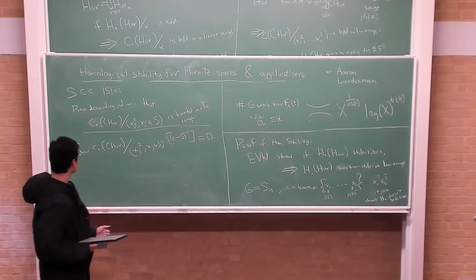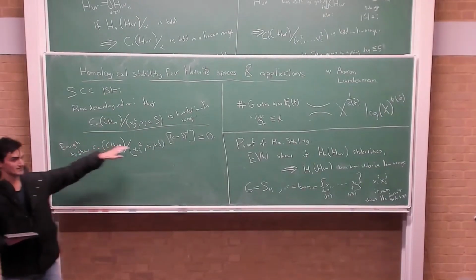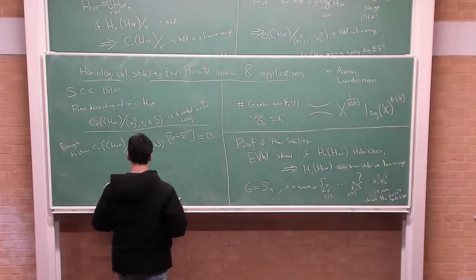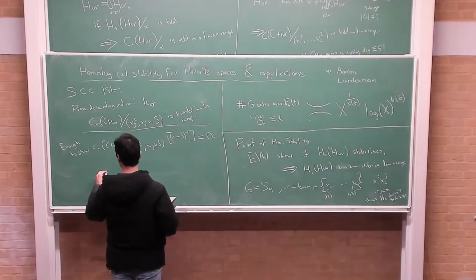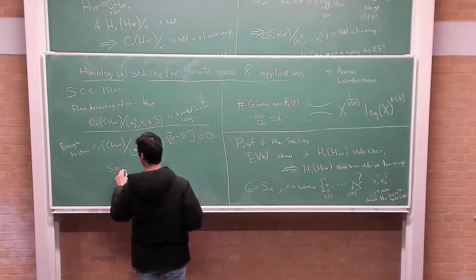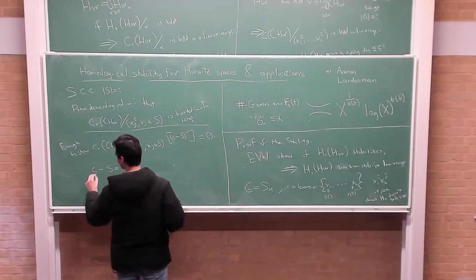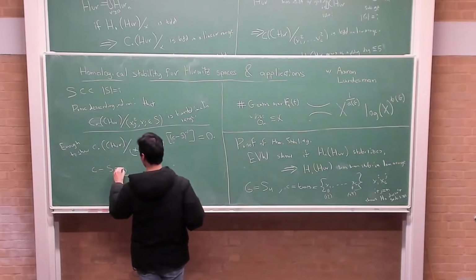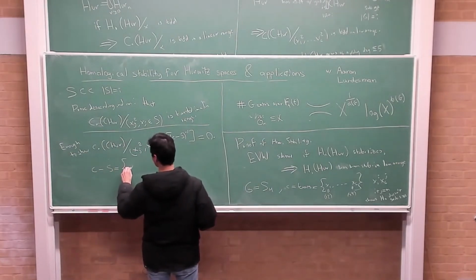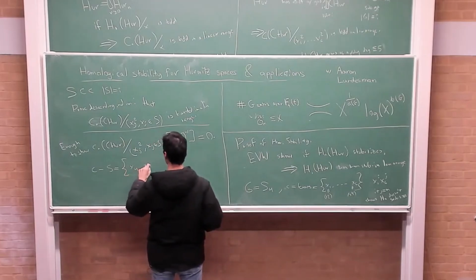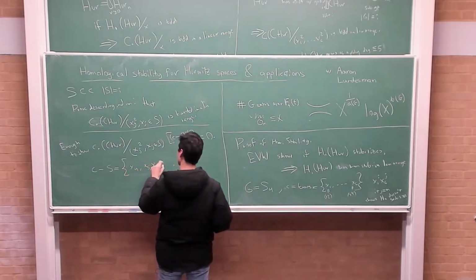Okay, so there's some sort of reductions to some specific cases that are not so interesting. I want to focus on a representative, interesting case of this. So let's look at the case when C minus S is the subset x4, x5, and x6.